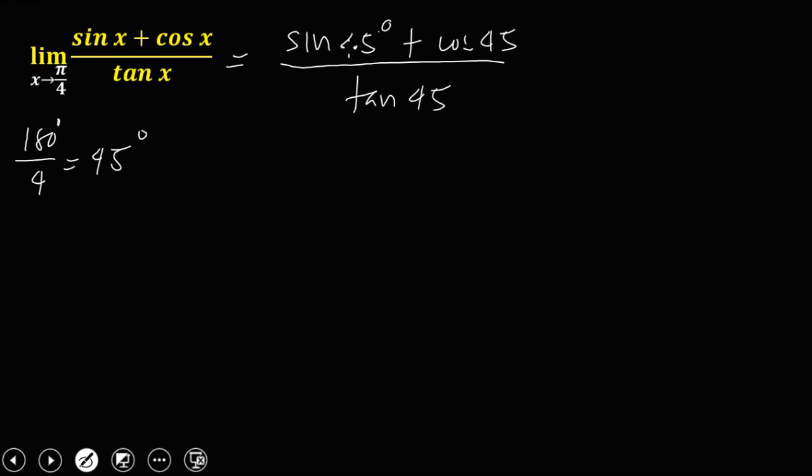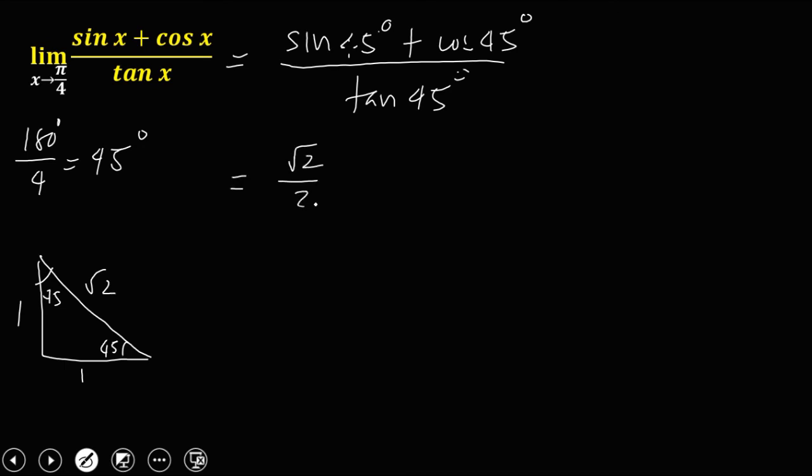Now, since the given angle is 45 degrees, and this angle belongs to the special triangle, that's 45, 45, 90 degrees. So this one is 45, this one is 45, this one is 1, and this one is square root of 2. Sine 45 is square root of 2 over 2, and cosine 45 is also square root of 2 over 2, over tangent 45, which is equal to 1.